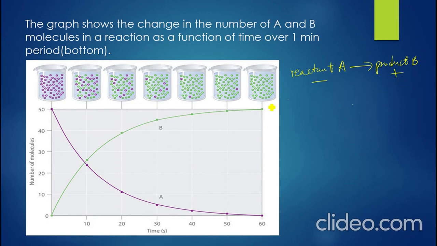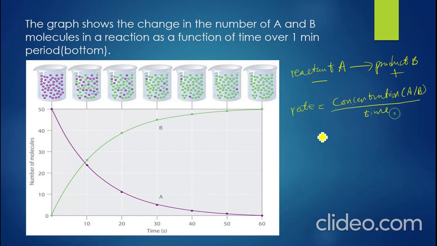And then we need to know that reaction rate is equal to the change in the concentration of either the reactant or the product over time. So reaction rate is equal to the change in concentration of the reactant or the product over time.